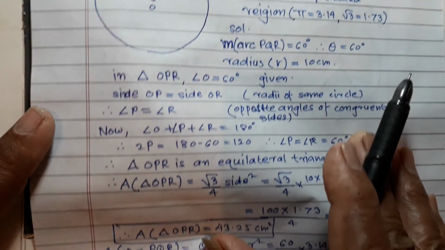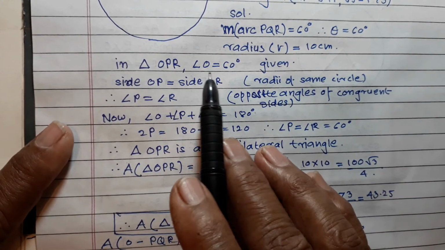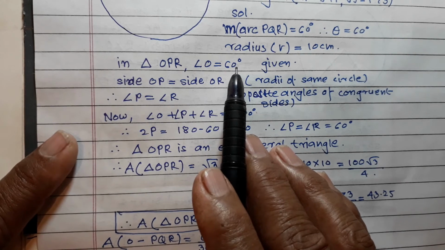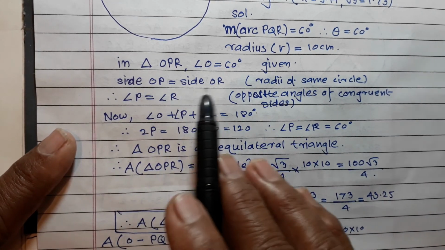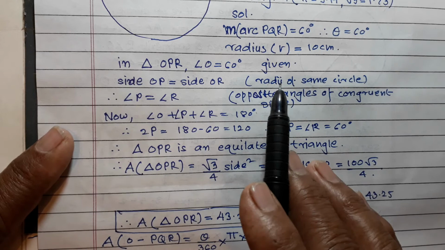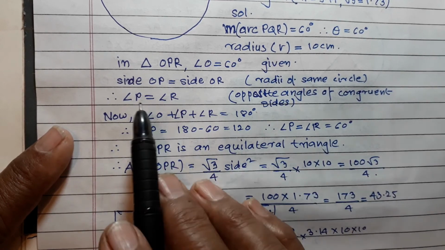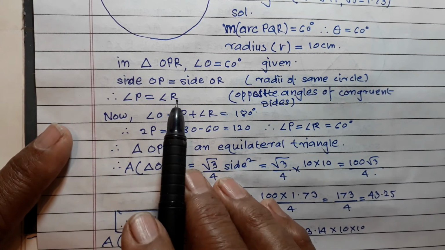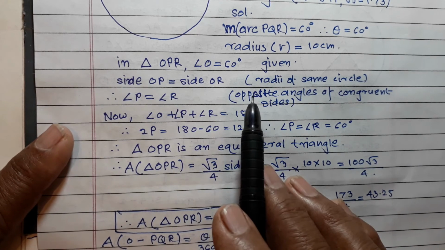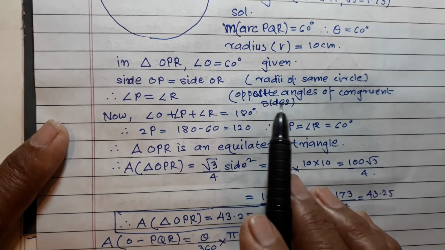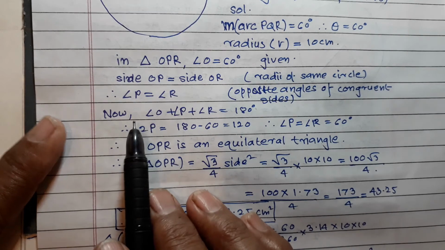Okay, so in triangle OPR, angle O is equal to 60 degree given. Side OP is equal to side OR, radii of the same circle, and therefore angle P is equal to angle R, opposite angles of equal sides.